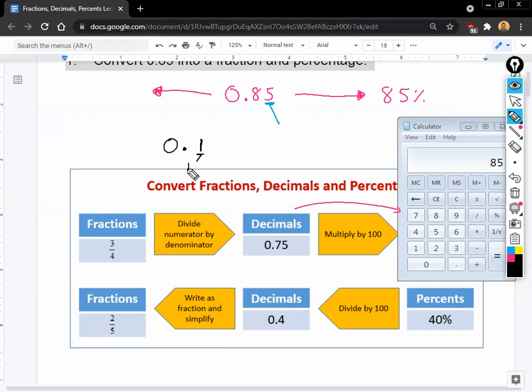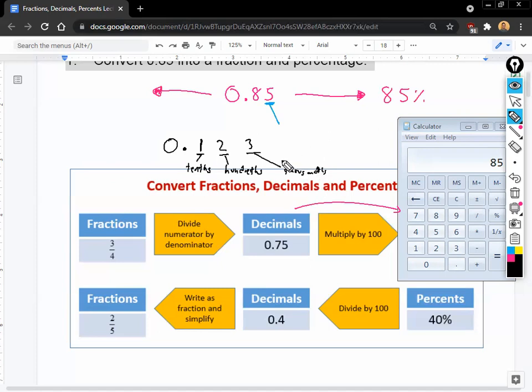Yeah, tenths, good. The second place is called hundredths. And the third one is thousandths. Then we just keep going: ten thousandths, hundred thousandths, millionths, ten millionths, etc.